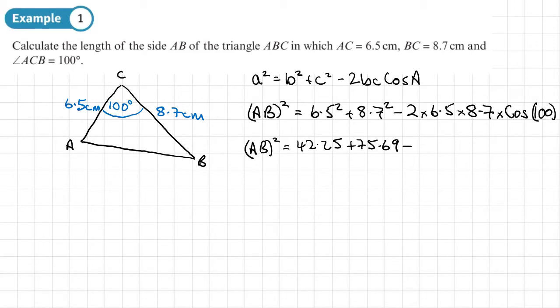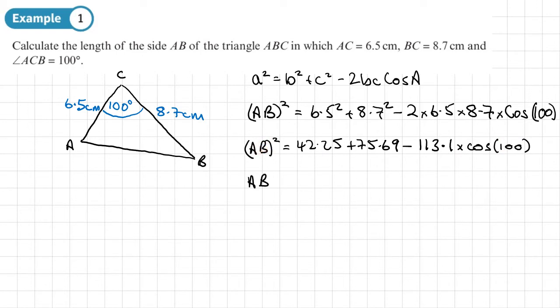Then we'll do the 2 times by 6.5, times by 8.7, and that gives us 113.1, and that's going to be times by the cosine of 100. Now that gives me a long decimal on my calculator, so I'm going to keep it as cos 100 and then leave that to actually put the exact value down for my answer. Just makes things a bit easier.